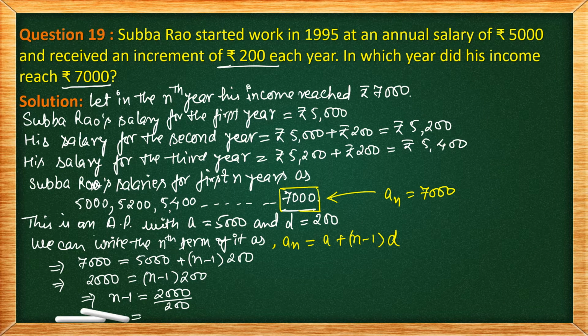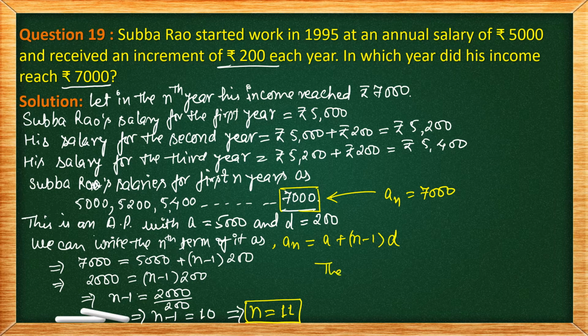And this implies that n minus 1 is 10, and finally n is equals to 11. So in the 11th year, Subba Rao's income reached rupees 7,000.